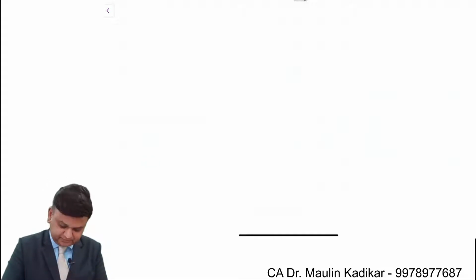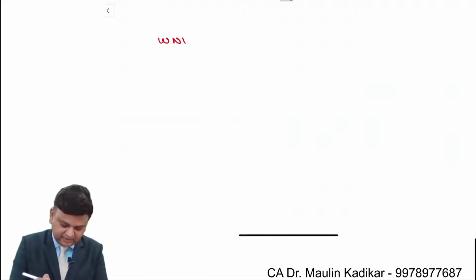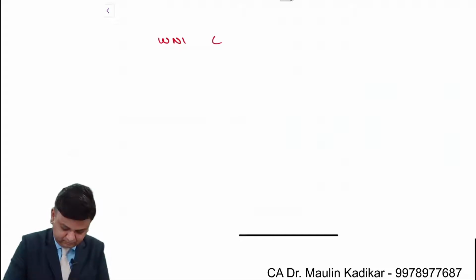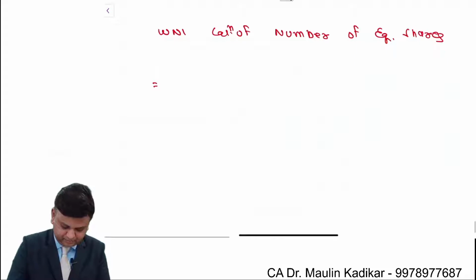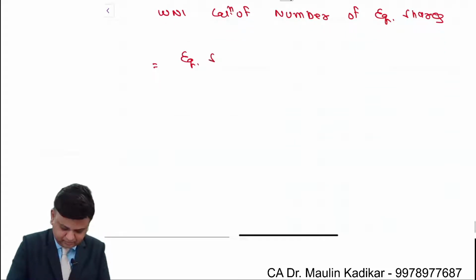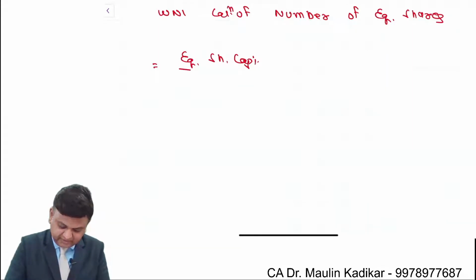So please write an answer. Working note number 1: calculation of number of equity shares. Equity share capital divided by face value per share.